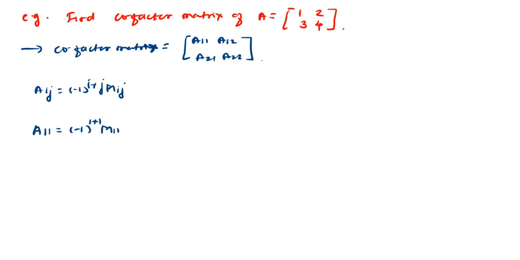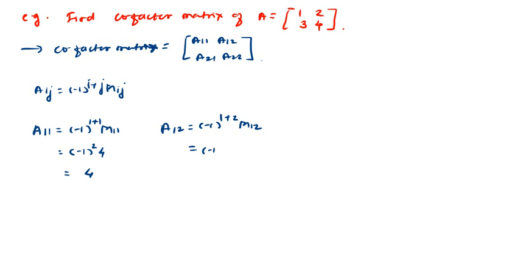So where is the A11 element? This one. So hide row and column. So what do we get? Only 4. So this will be minus 1 raised to 2 into 4, which is equal to 4. Similarly we can find A12, which is minus 1 raised to 1 plus 2 into M12.